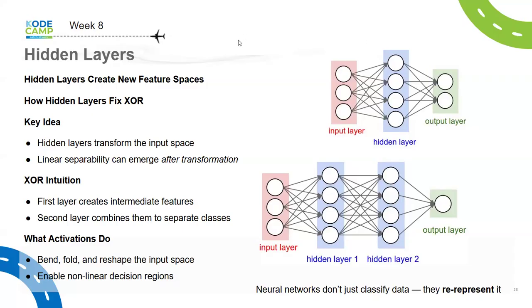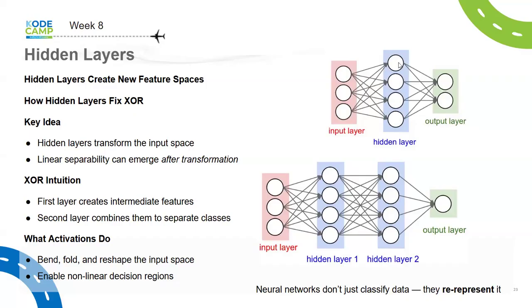So, like we said, for the input layer, you choose the number of neurons to match the number of features in your input data. But after that, you are no longer constrained to matching the number of features in the input data. You can add more neurons in the next layer or fewer. And typically, the hidden layer will have more neurons than the input layer because you want to extract even more features.